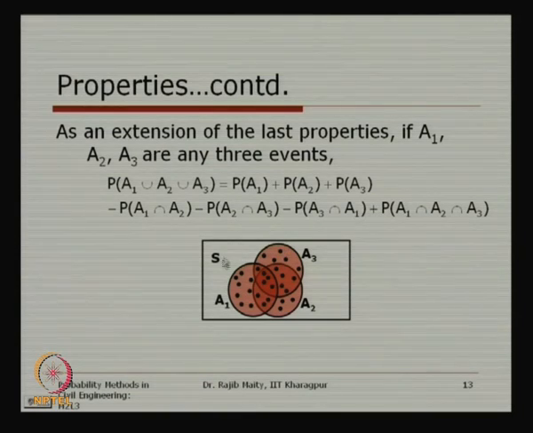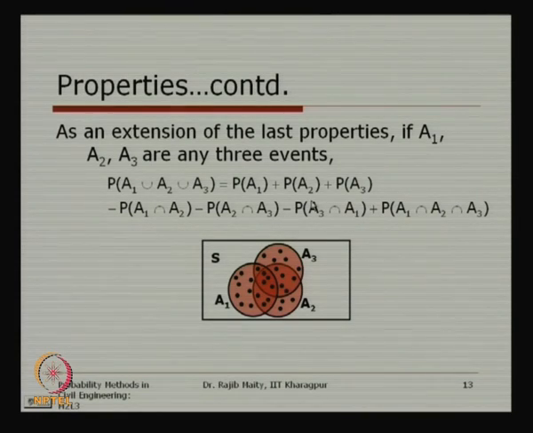Now after adding all these probabilities, we are adding the pairwise intersections twice. So we have to deduct that part. We are deducting the first pair A1 A2, minus A2 A3, minus A3 A1.